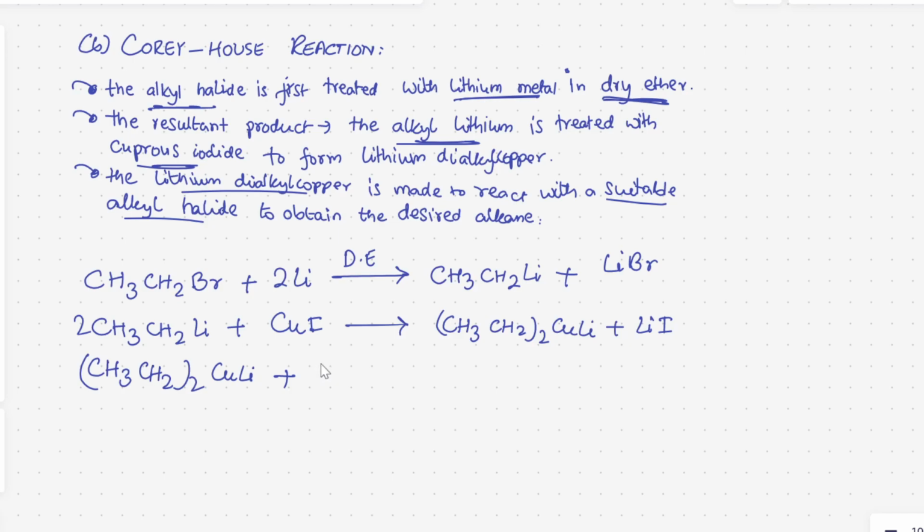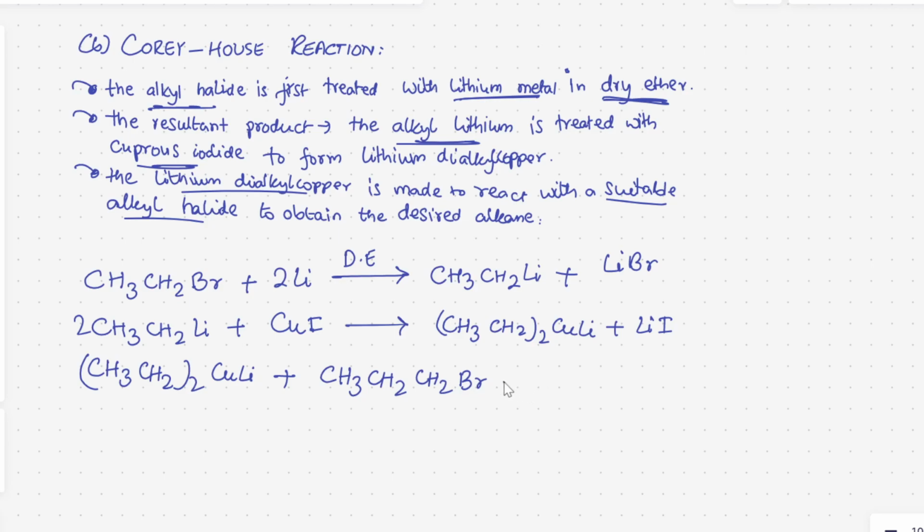In that case, we already have 2 carbon atoms here. So if you want a pentane that is having 5 carbon atoms, you need to take CH3CH2CH2Br. So you would have 5 carbons as your product, right?